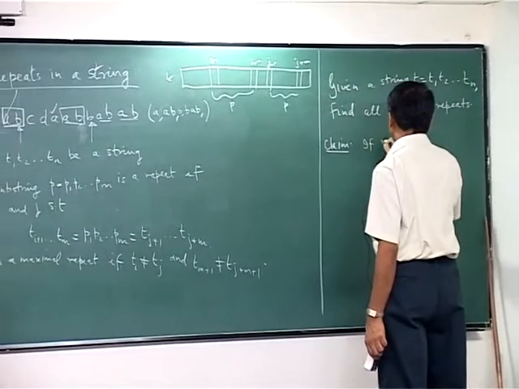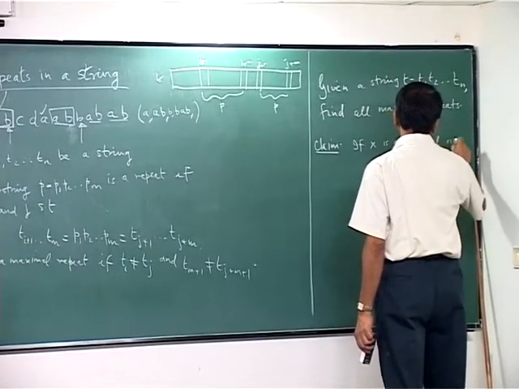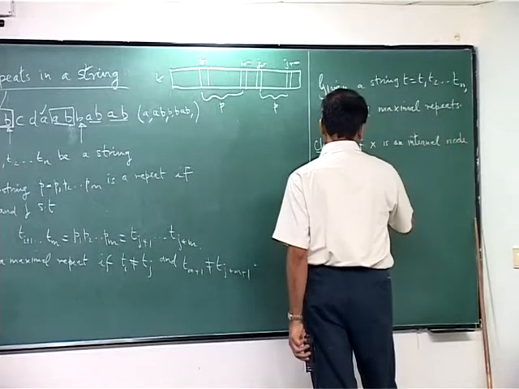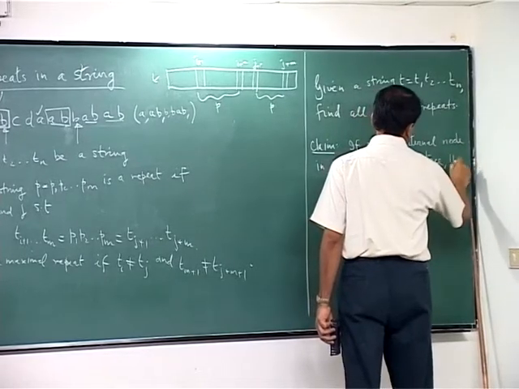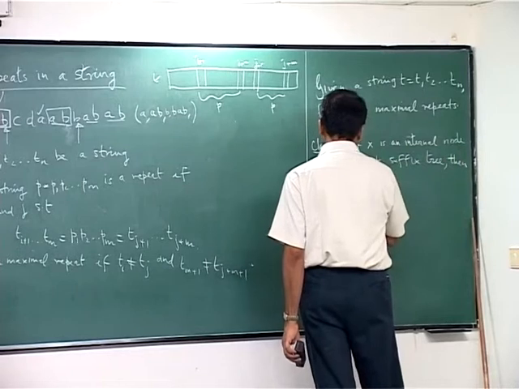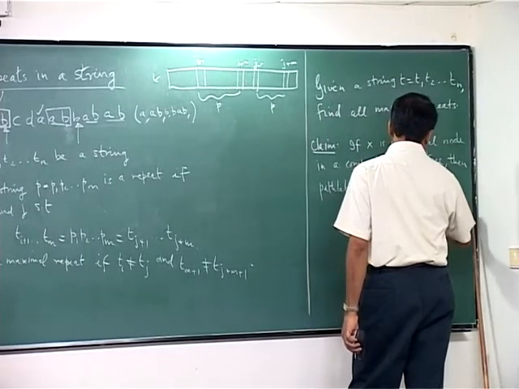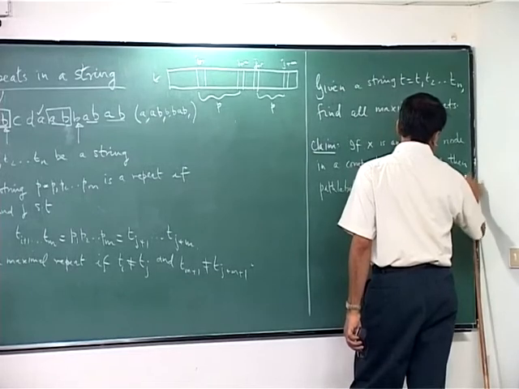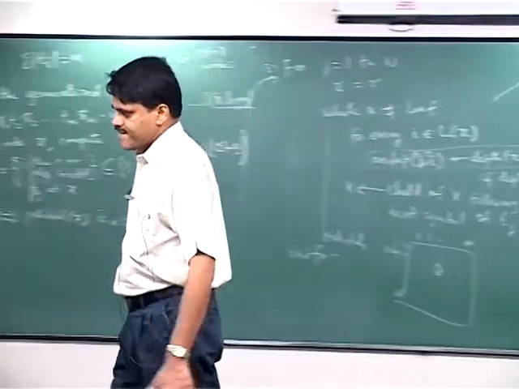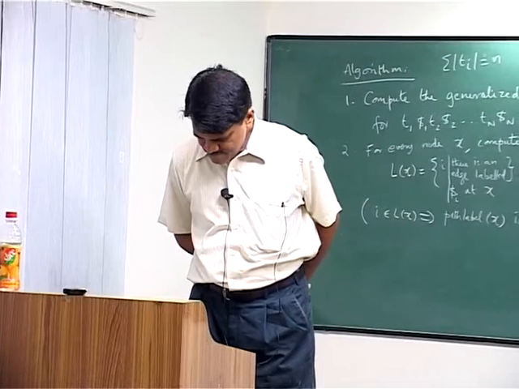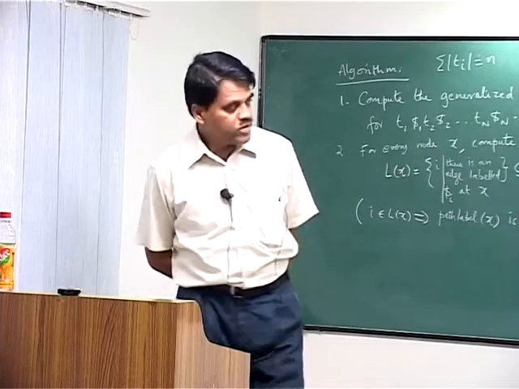So, if X is an internal node, then path label X... no, I want to say the other way.